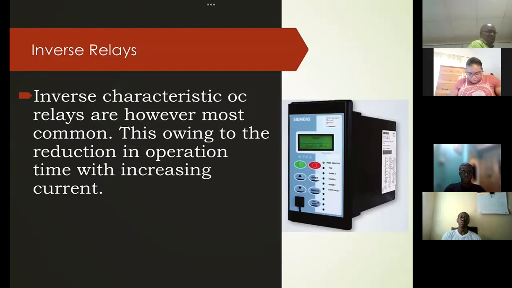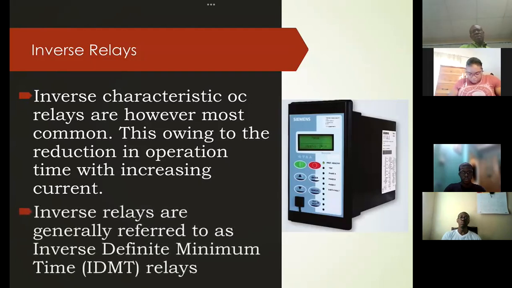And the proper name for these inverse characteristics is the inverse definite minimum time, or IDMT relay. I just chose that photo; it's not necessarily that that is an IDMT.